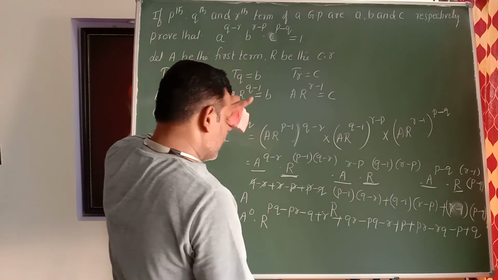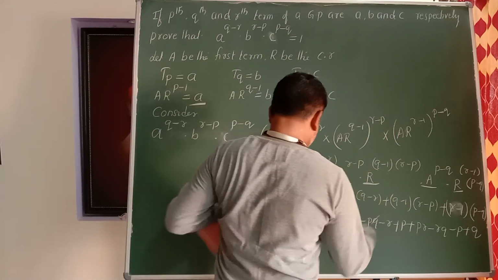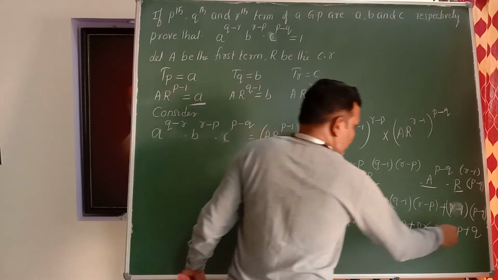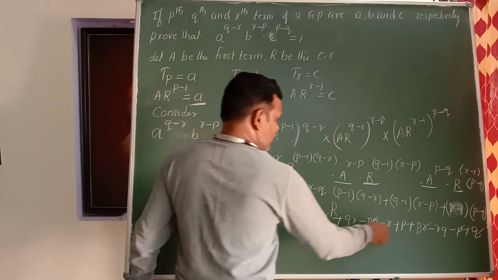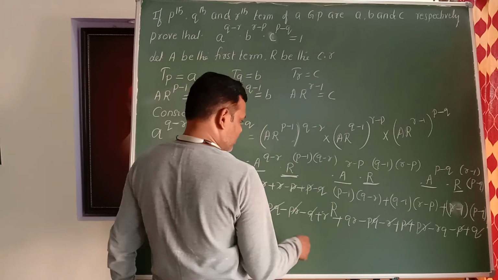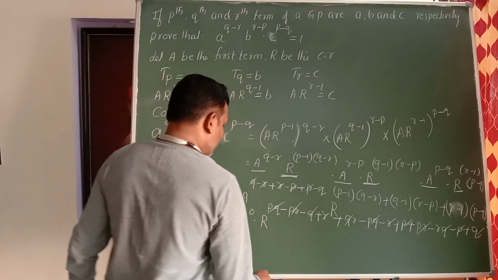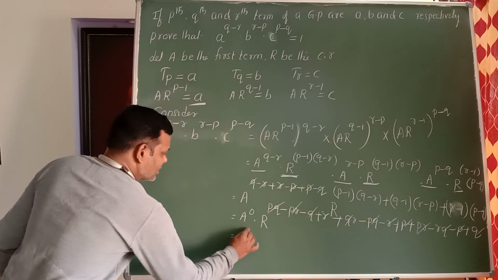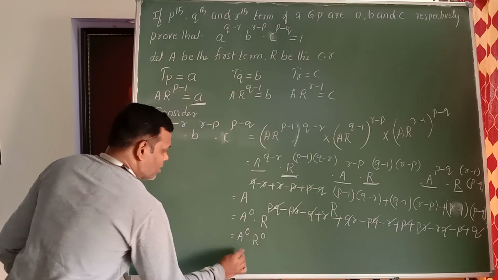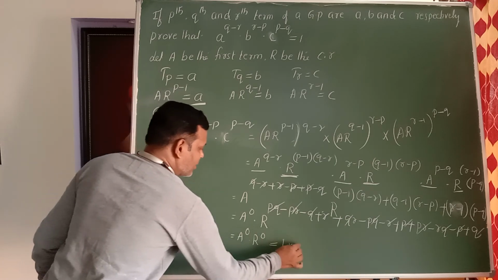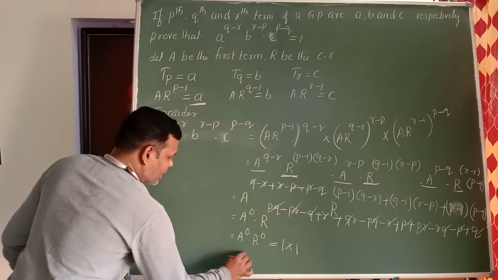Now just multiply here. So plus pq minus pr plus pr minus q plus q minus p plus p minus r plus r, qr minus qr. All the quantities get cancelled. A power 0 into R power 0. What is A power 0? A power 0 is 1. Anything power 0 is 1. R power 0 is 1. So that is equal to 1 into 1 is 1.